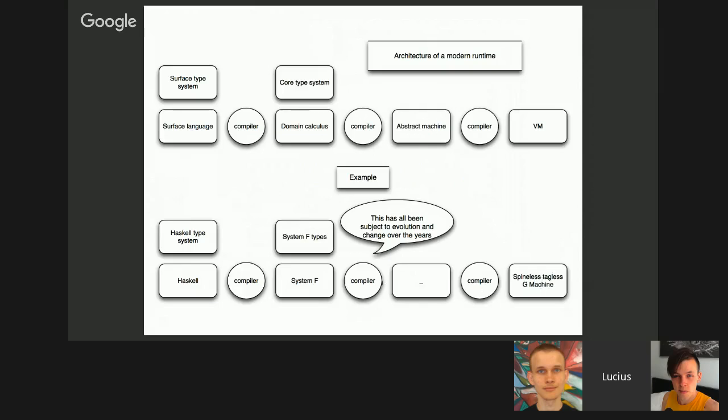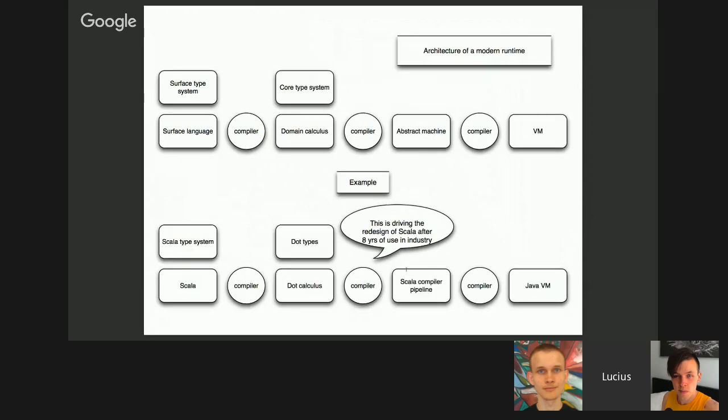There were some steps to get from here to here, but I've just notated it as identity here. And also, since Haskell's been around for a long time, a lot of these components have evolved separately, so it's a little harder to see this architecture directly, but it was initially there.